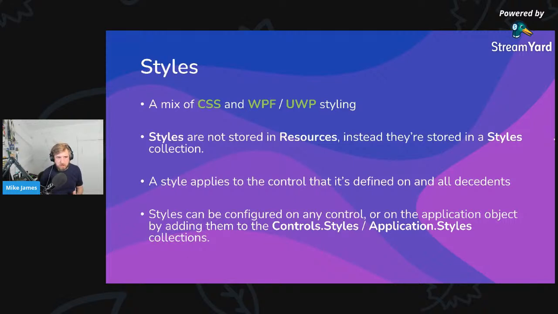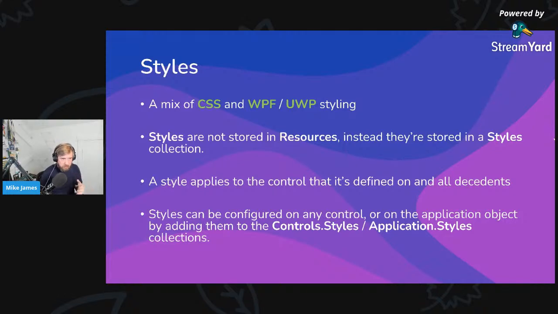So unlike WPF and Xamarin.Forms, your styles aren't stored in resources. So you don't create a resource dictionary and put all of your styles in there. Instead, they're stored in a styles collection. And styles apply to a control that it's defined on and all of its descendants. And a style can be configured on any control, or even on an application object. So it's a very flexible styling system.